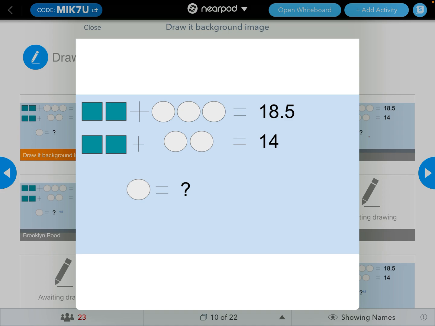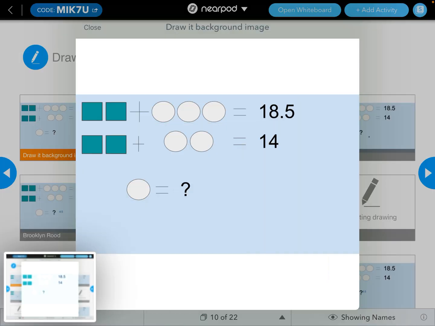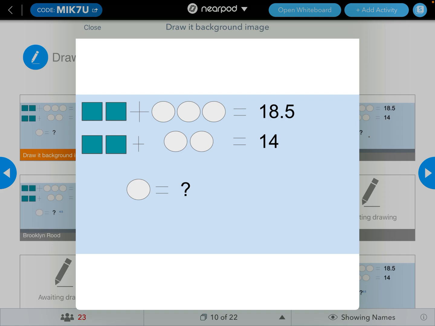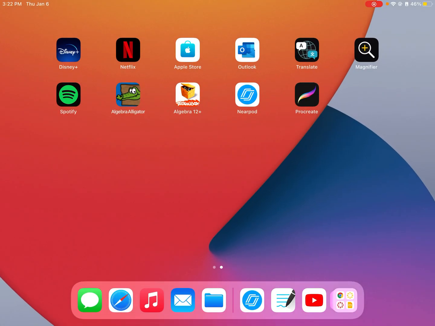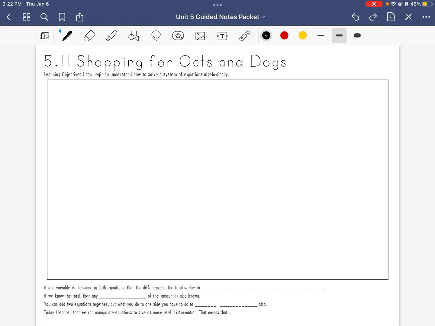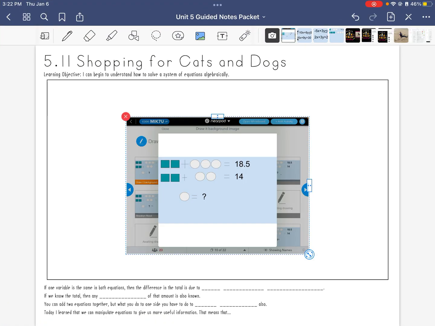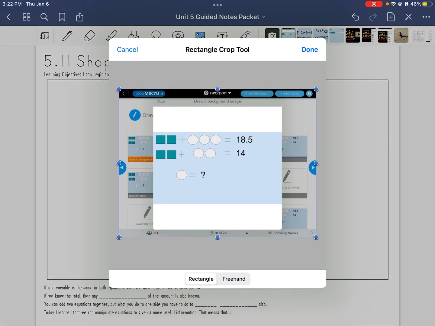Hopefully you were able to see this one fairly quickly. We have 2 squares and 3 circles equals 18.5, or 2 squares and 2 circles equals 14, and we're trying to figure out, well, what does 1 circle equal? So I'm going to bring this in here. I want to crop that though. We don't need all of this stuff.